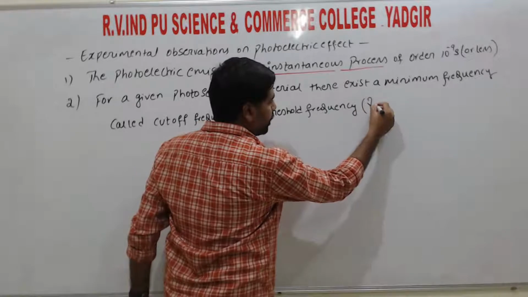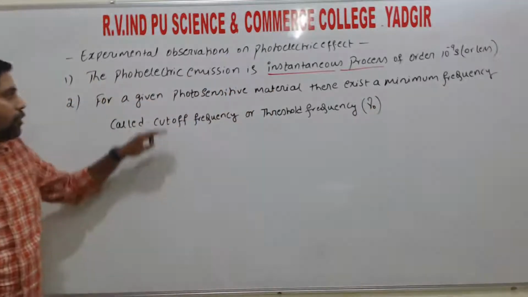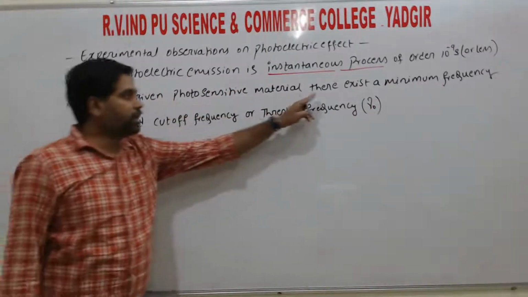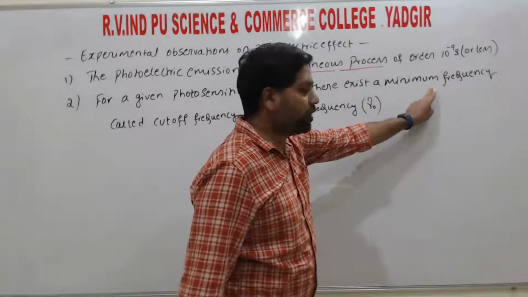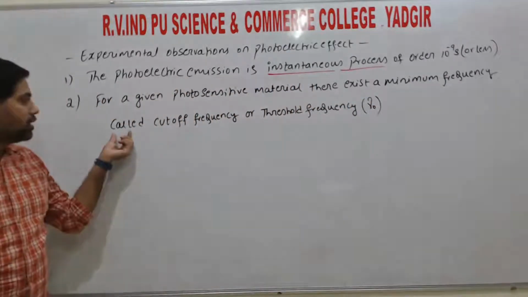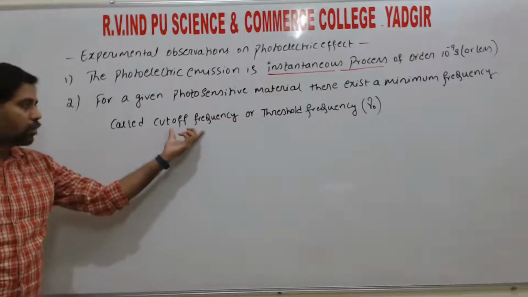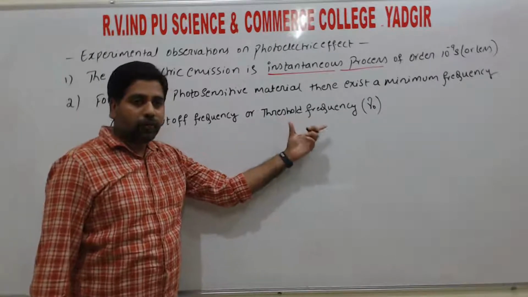It is denoted by nu naught, right? For a given photosensitive material, there exists a minimum frequency. That frequency we call the cutoff frequency or threshold frequency.